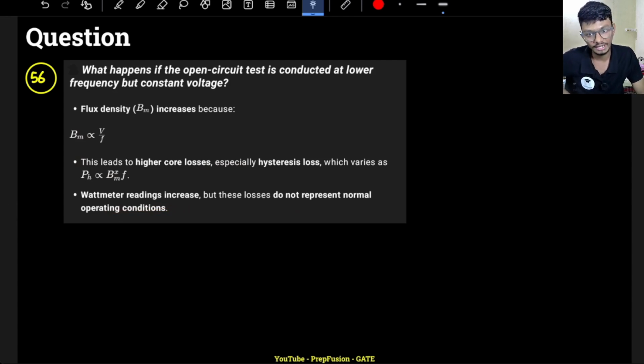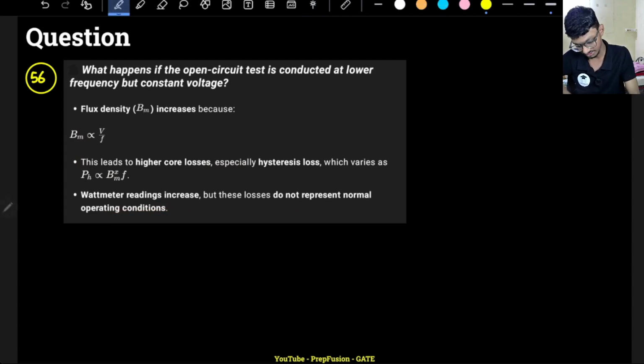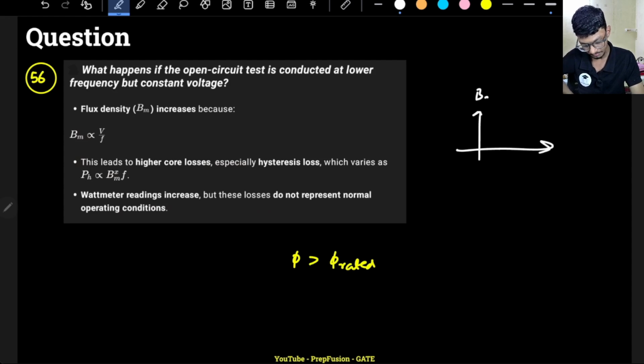Also the magnetizing current will increase. If flux is greater than the rated flux, I know according to the BH curve that B is proportional to flux and H is proportional to current. So this is my graph. If flux has increased, that means if I am initially here, now I am here, so the current also will increase.